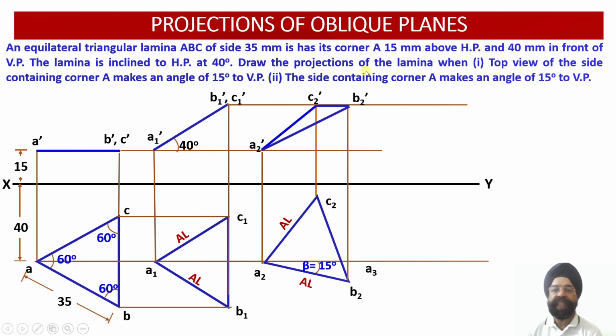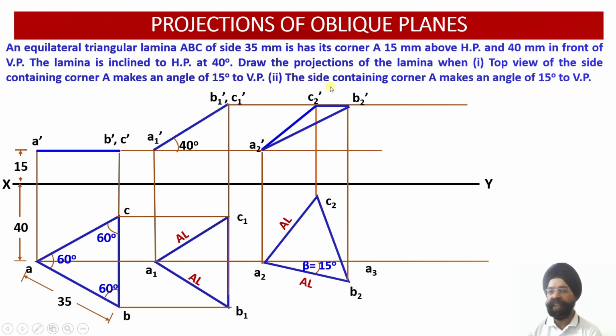Now let us start with the second part. So both the apparent shapes, that is front view and top view of the oblique lamina, have been obtained when the apparent length of the side containing corner A was making an angle of 15 degree with the VP.